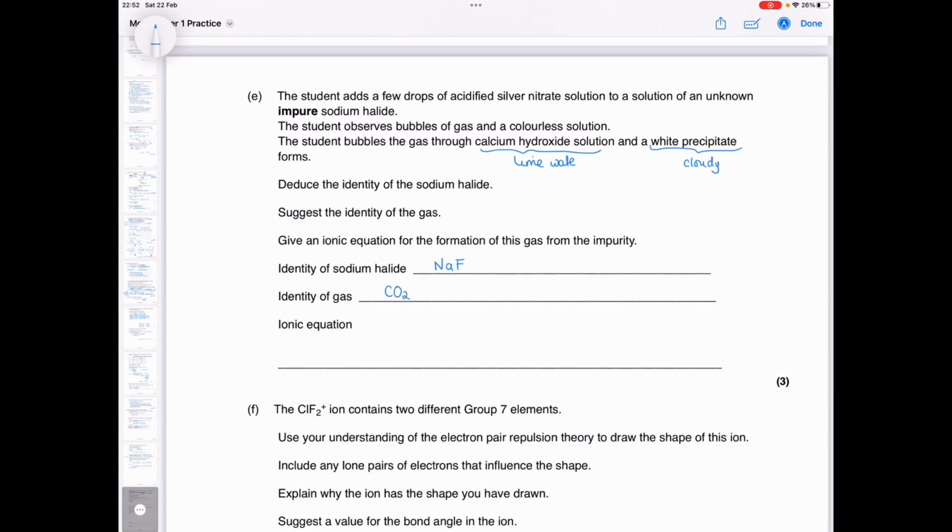And so the ionic equation for the formation of the gas from the impurity is from a carbonate, so it must be CO3 2 minus plus 2H plus goes to CO2 plus H2O.